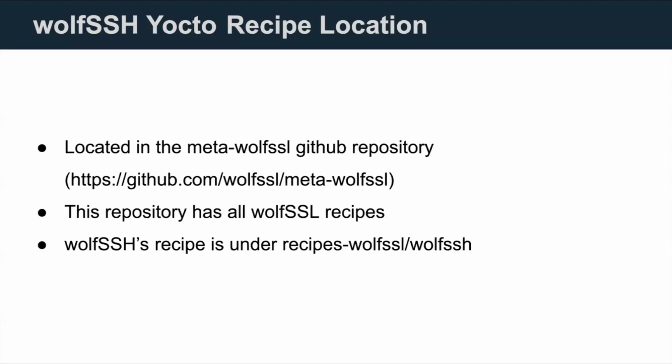There's also wolfCLU, our command line utility, wolfTPM, MQTT, and there's a subfolder under the recipes-wolfssl that is named wolfssh, and in that you have the bitbake file for wolfSSH, the .bb file.